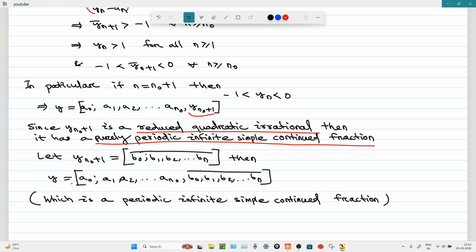Then we put y equal to a0, a1, a2, ..., a(n0), then b0, b1, b2, ..., bn bar, which is a periodic infinite simple continued fraction. This is our theorem.